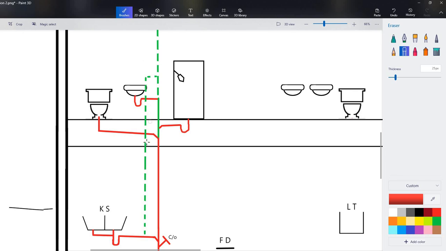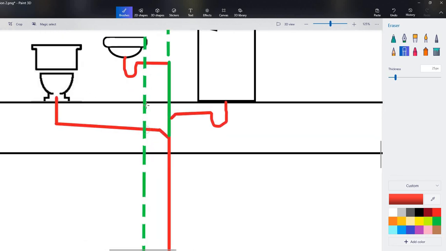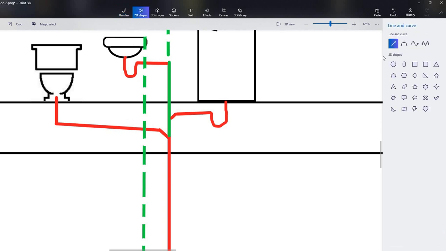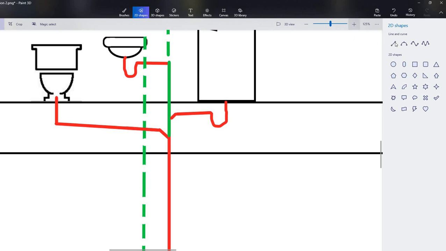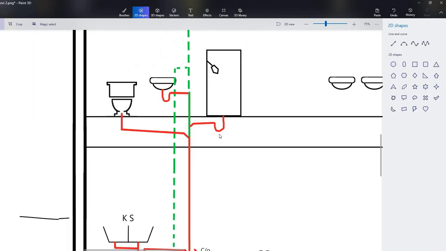And there is our vent. Now we see here, I can either have the vent come across or the drain on top. I personally prefer to have the drain appear over the vent. So we're going to change this. We're just going to draw over it like so to make the drain appear above the vent like that.